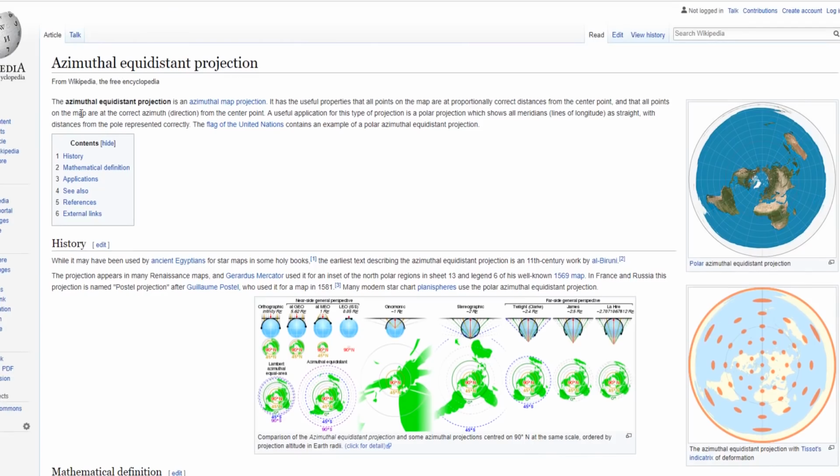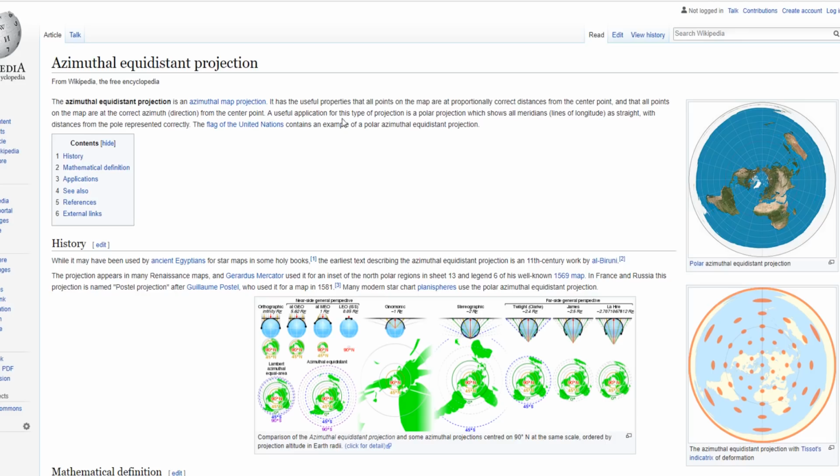So, just to be clear, the azimuthal equidistant projection is an azimuthal map projection. It has the useful properties that all points on the map are at proportionally correct distances from the center point, and that all points on the map are at the correct azimuth, or direction, from the center point. So you just determine where you want the center, and then you can point from that center.